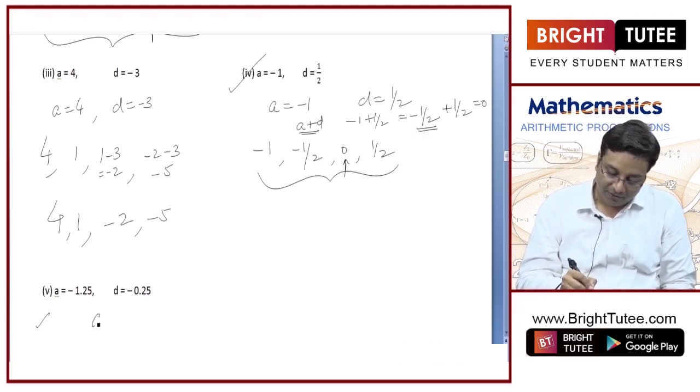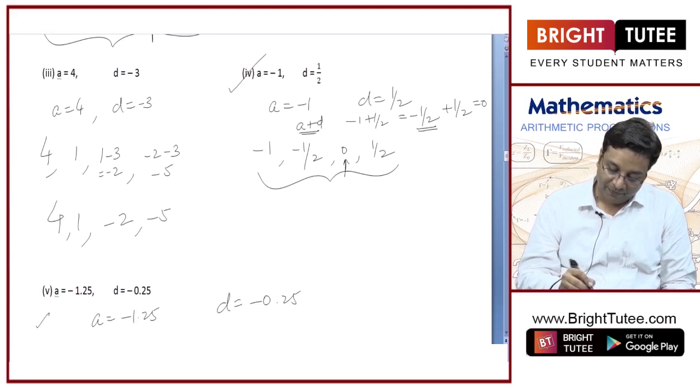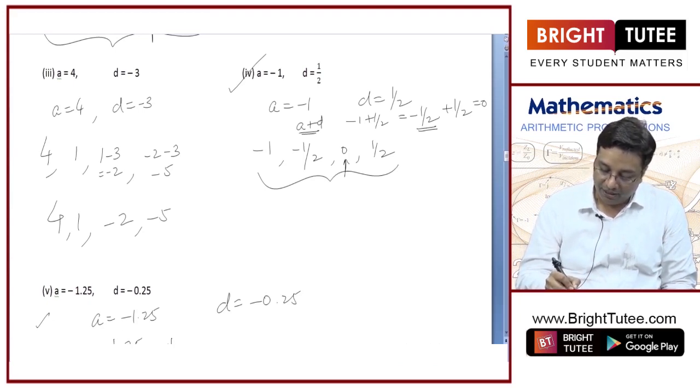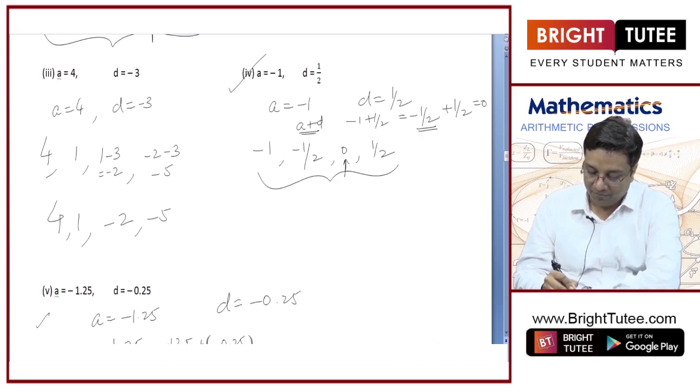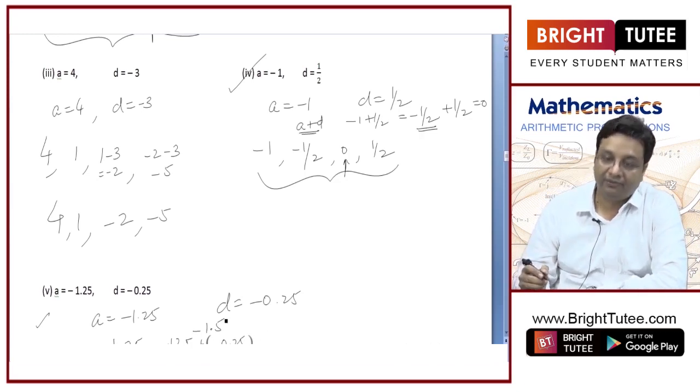In fifth part, first term is minus 1.25 and common difference is minus 0.25. So the AP will be like minus 1.25, then minus 1.25 plus minus 0.25. So it will become minus 1.5.